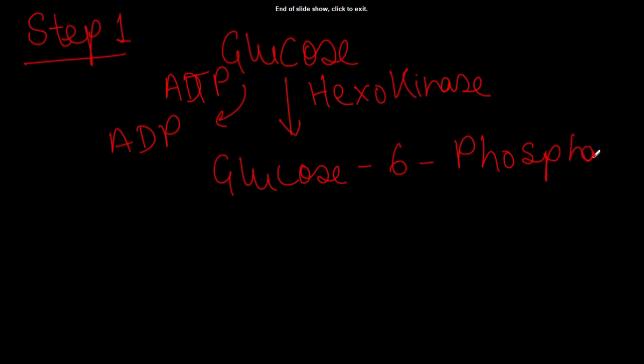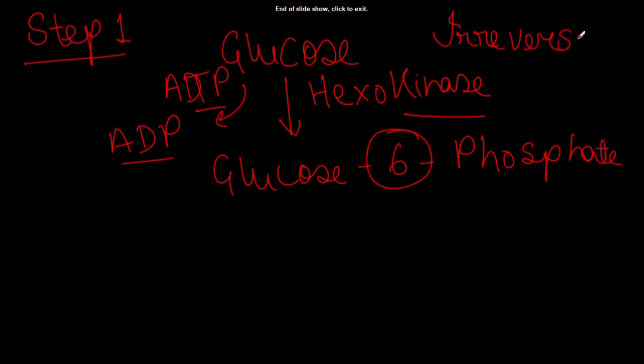So when a kinase is present, there is always some breaking down. ATP is broken down into ADP, and this phosphate gets attached to the glucose at the 6th position. And it is an irreversible reaction. So this is the first step of glycolysis.